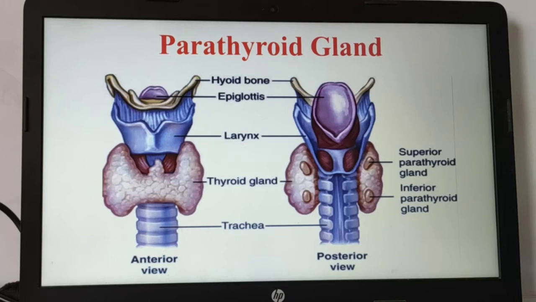The parathyroid gland has two glands: the superior parathyroid gland and the inferior parathyroid gland. The superior has two glands and the inferior also has two, so the total number of parathyroid glands is 4.